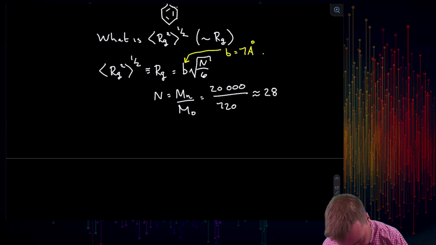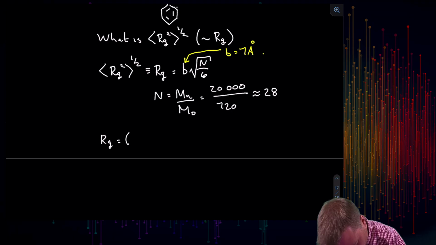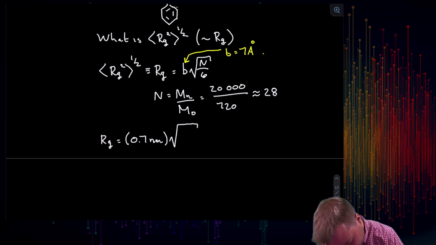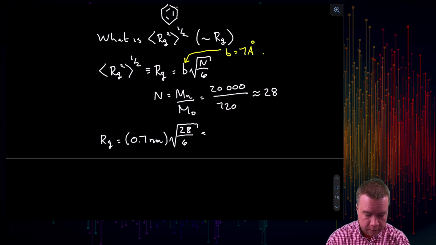Okay, so that means that Rg is equal to, let's do this in nanometers, so 0.7 nanometers times the square root of 28 divided by 6. And let me open my calculator again.